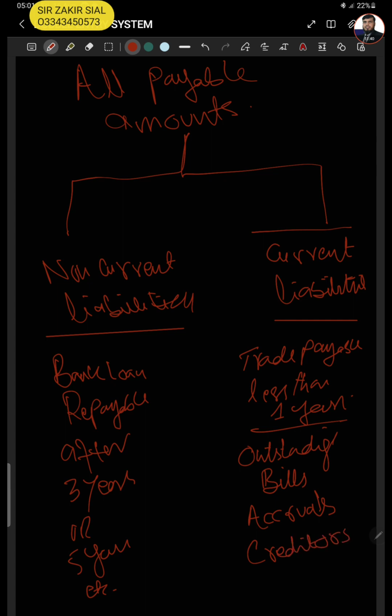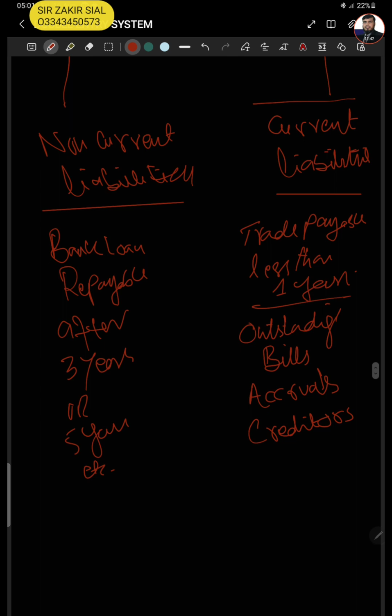All these words mean current liabilities: owing, due, or any type of arrears which are payables. It means we have taken services or purchased goods, but the money is payable within a year, so that liability is a current liability.